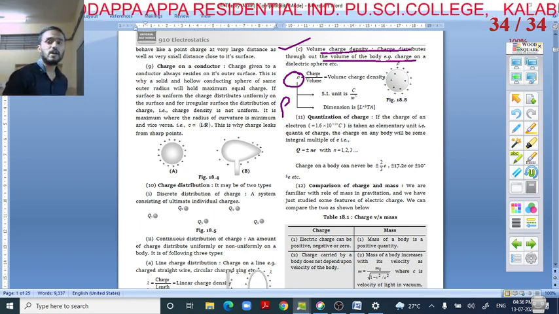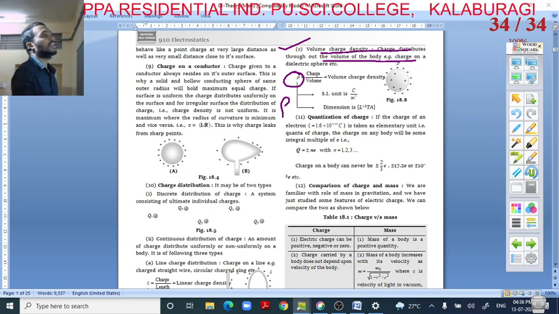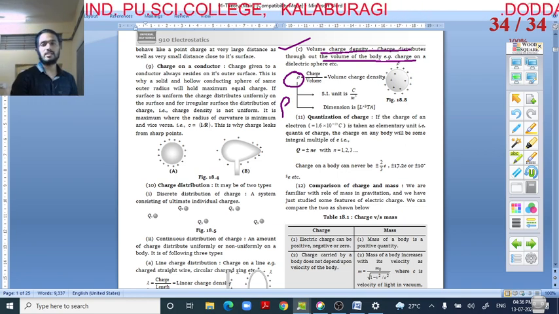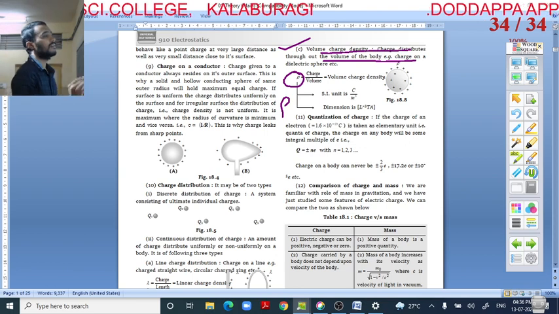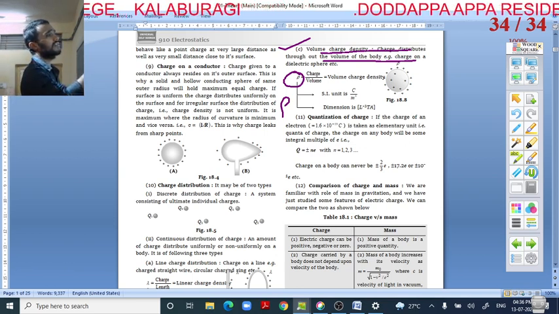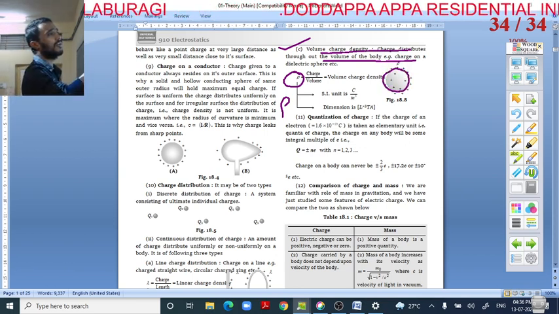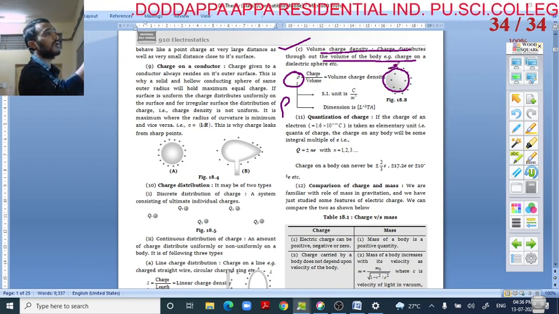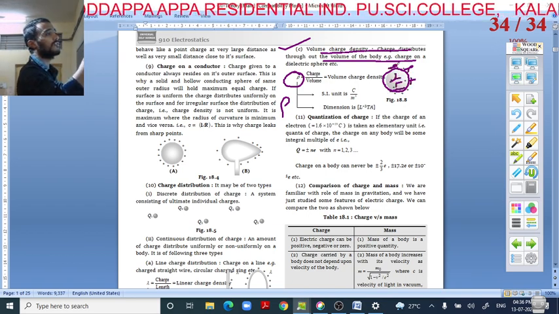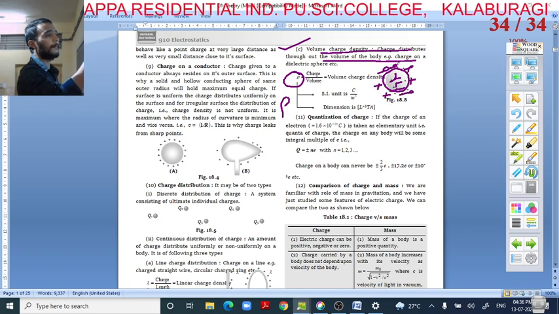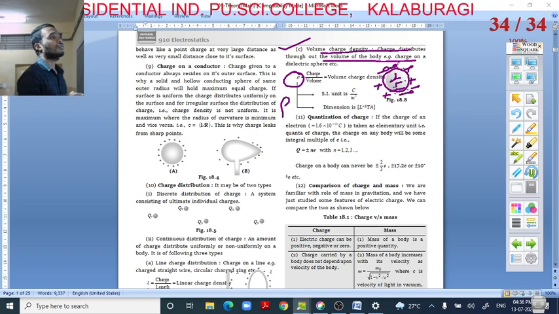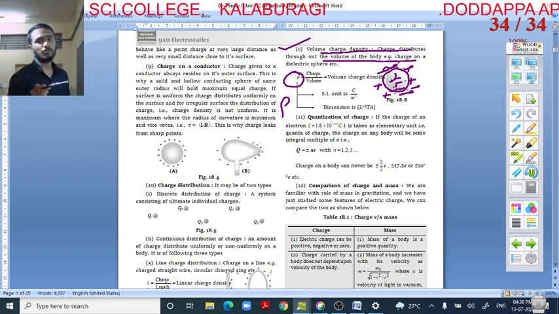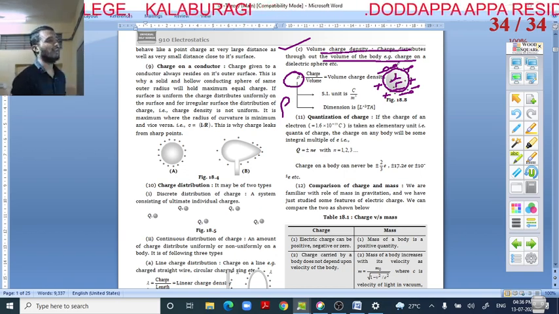Rho is equal to charge divided by volume, that is what we call volume charge density. If this is our body, how the charges are distributed over the volume of this body. This is the definition we can use to find the density in one way.